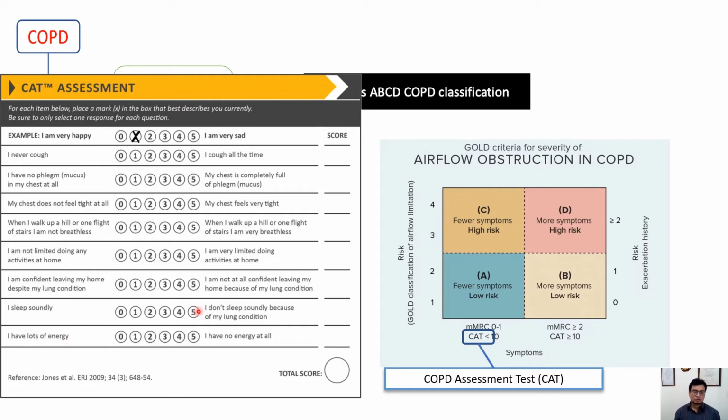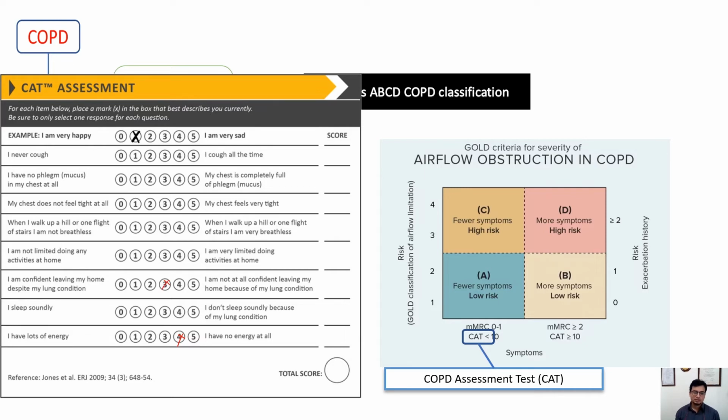So this is normal, 0, and the opposite is grade 5. This is the kind of ordinal scale the patient has to tick. Like here, if you tick I have no energy at all, that is 5, and I have lots of energy, suppose the patient takes 4, and here the patient takes 3. I am not at all confident leaving my home because of my lung condition.